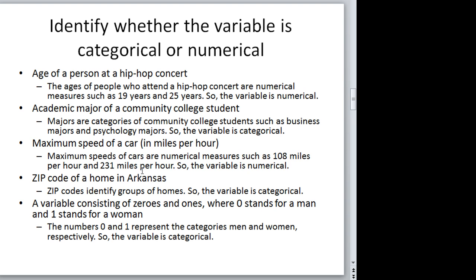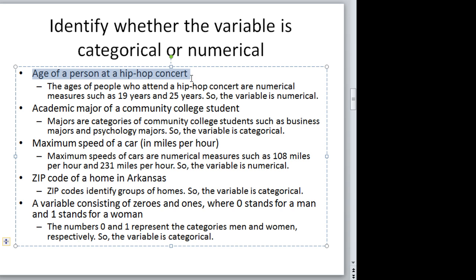So let's try to identify whether each variable is categorical or numerical. Let's talk about the age of a person at a hip-hop concert. Is age a number? Yes, age is a number.